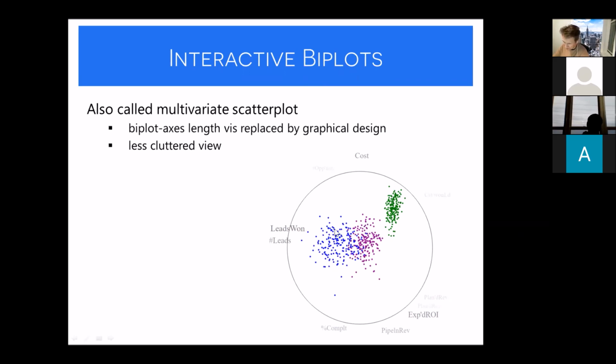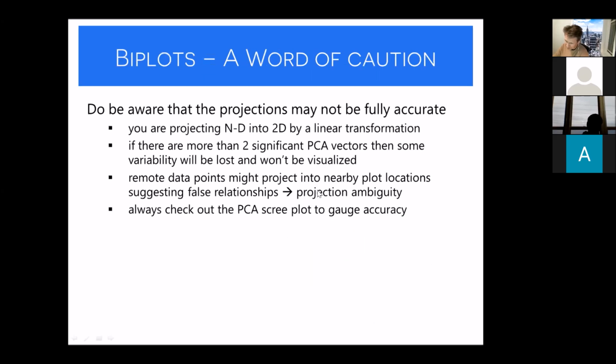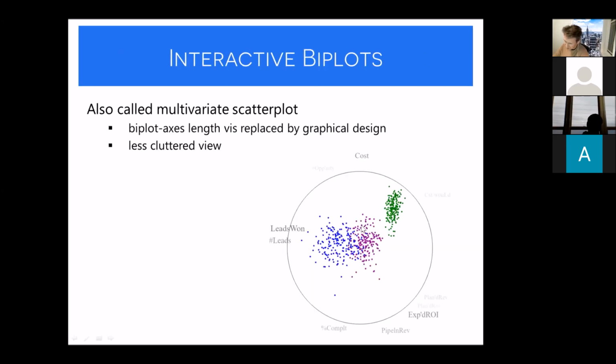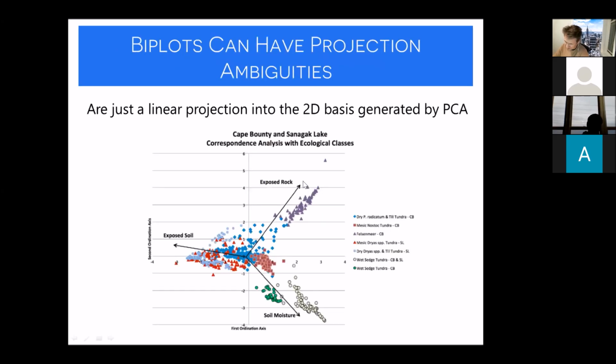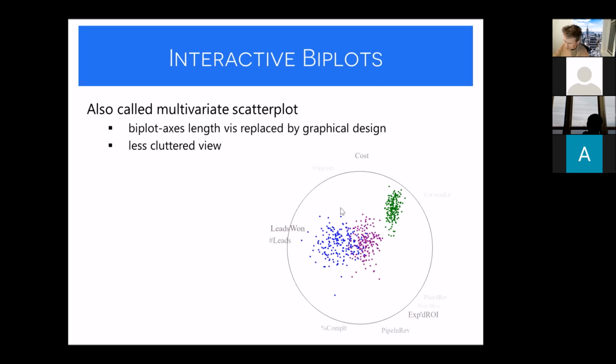What we did here is essentially a biplot. It doesn't quite look like a biplot, but it is. We didn't plot those axes; we didn't project the axes into this biplot space. Instead of showing the axis, we showed the axis label on the periphery.